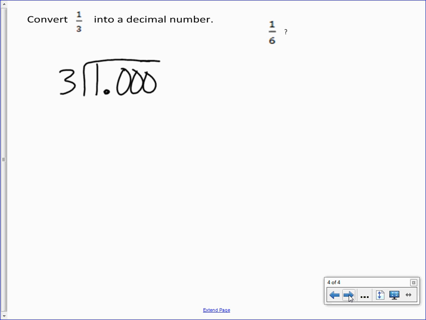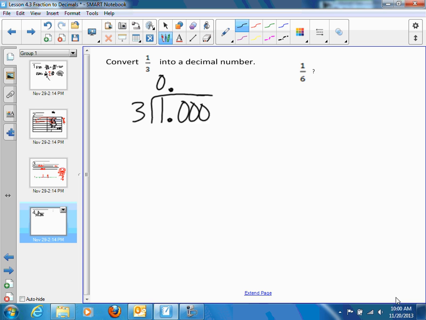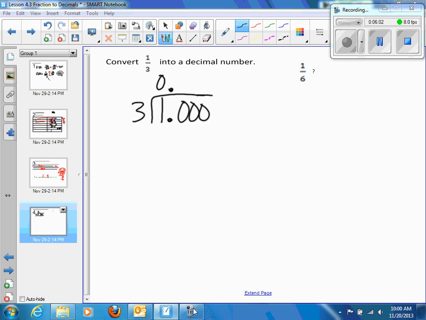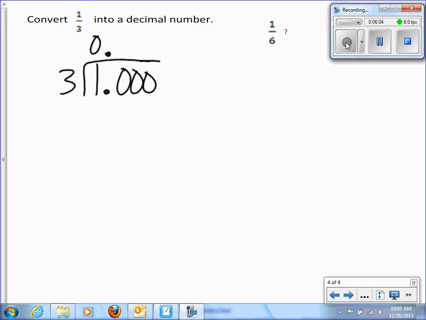So 3 does not go into 1. All right, why don't you guys divide that real fast? 1 by 3, and so what did you get? I got 0.333. It's going to keep going.